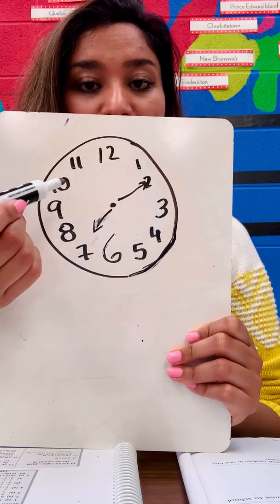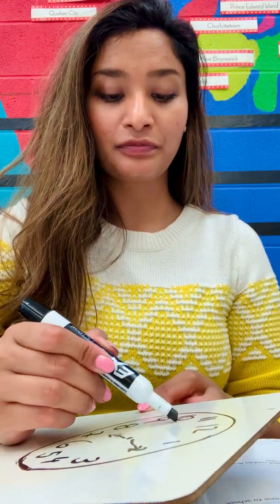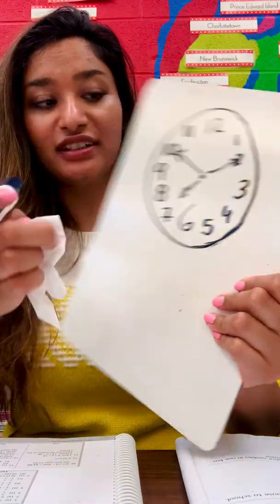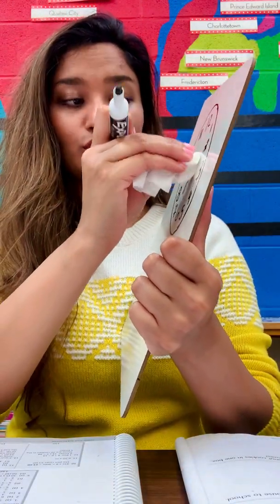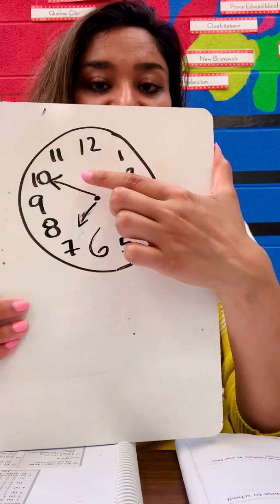Okay, so I know that my minute hand should be at, so I'm going to remove my minute hand from 2, and I'm going to put it at 10 because that's 20 minutes.